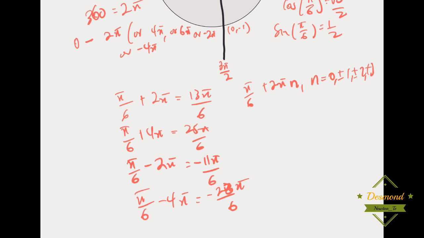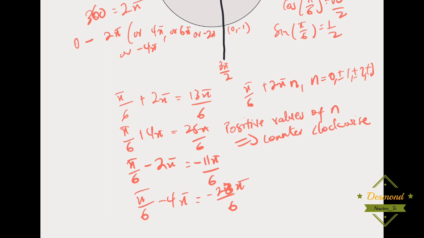In this case, n is the number of complete revolutions you make around the unit circle, starting at pi on 6. Positive values of n correspond to counterclockwise.